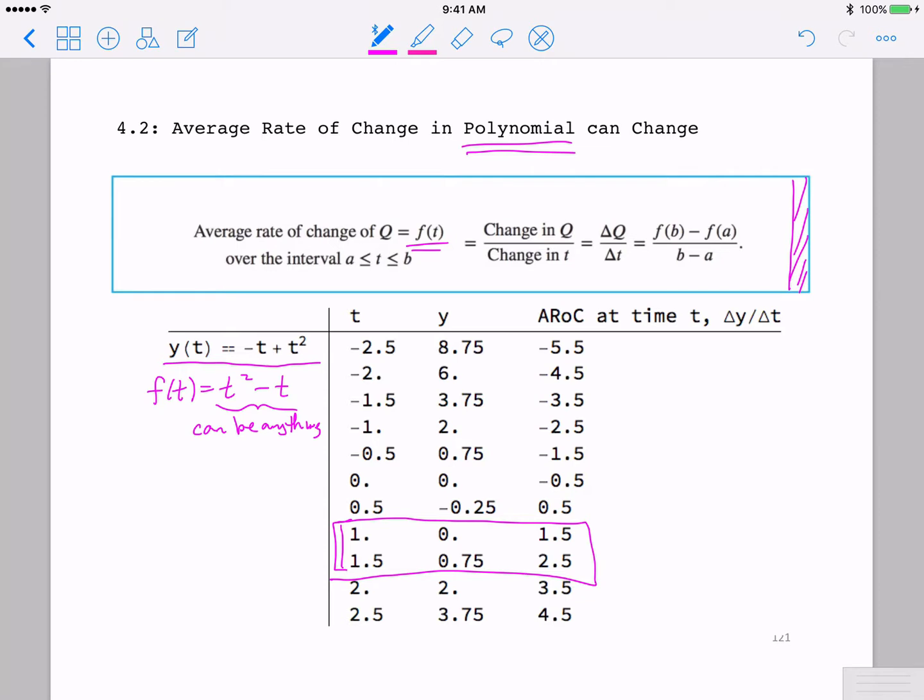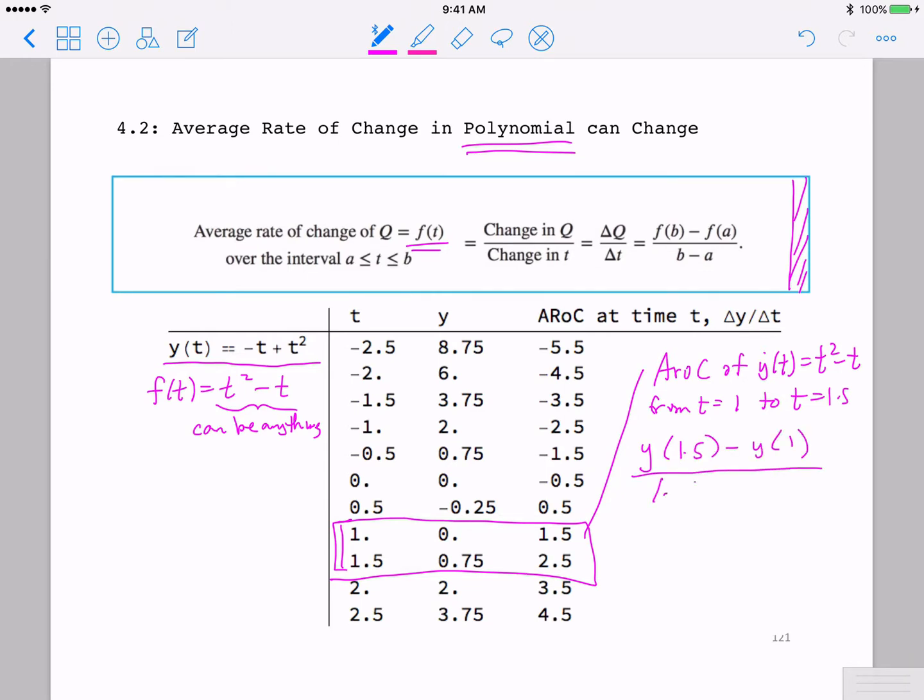Looking at these two rows of data tells us the average rate of change of this function y of t equals t squared minus t from t equal to 1 to t equal to 1.5. We need to compute the y value at 1.5 minus the y value at 1, divided by 1.5 minus 1.